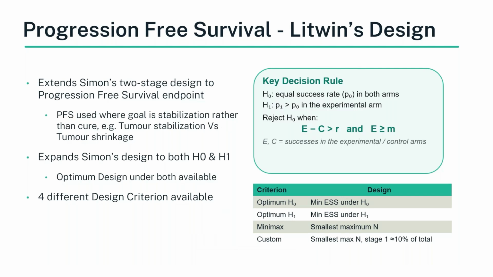And if a sufficient number of these patients are progression-free at this time, then the trial continues and a second cohort is recruited, taking the total number of patients up to the maximum sample size, where these are evaluated at the final time point, T2, and otherwise the trial is stopped for futility at the first stage.